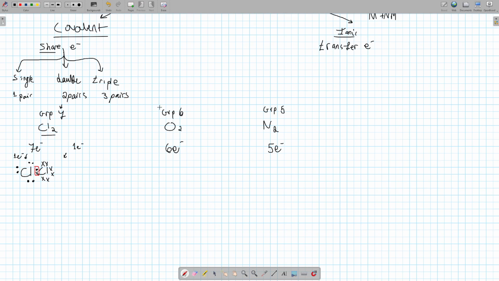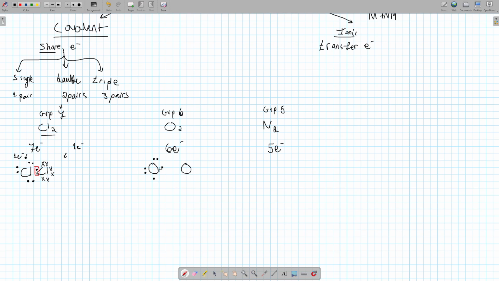How about O2? Again, you're doing bonds. So what's the first thing you do? You draw both of the dot crosses. So O2 has 6, so we go 1, 2, 3, 4, 5, and the 6th one, place it in a way that it's easy for you to draw. It doesn't matter where you place it.